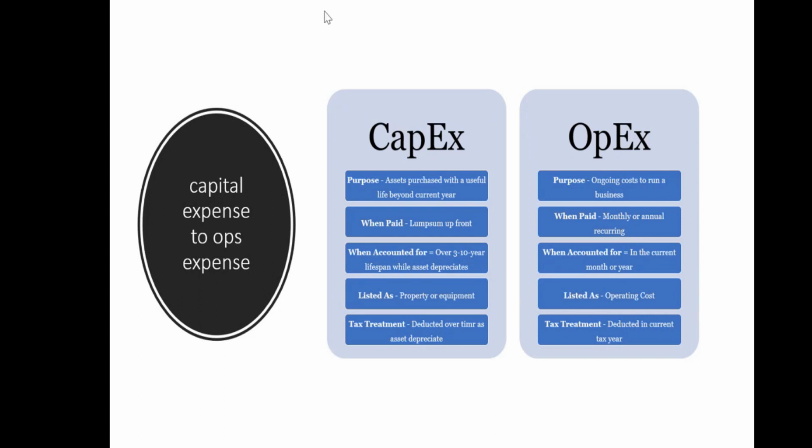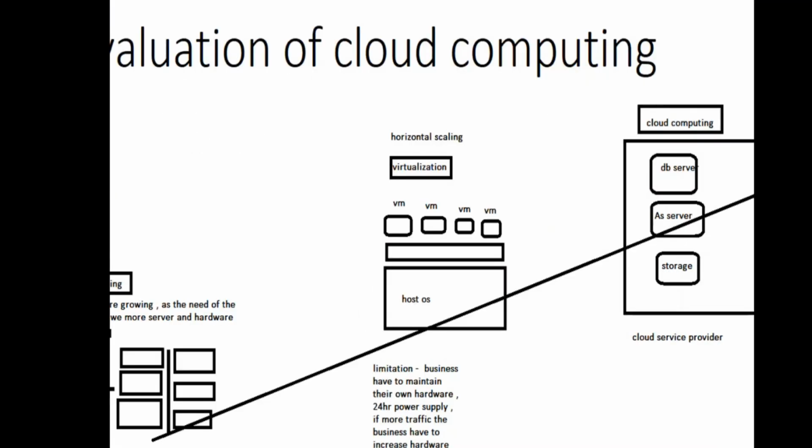The example we're talking about is related to the evolution of cloud computing. Earlier, companies had to create their hardware infrastructure and maintain it. Now companies don't have to maintain their hardware infrastructure.